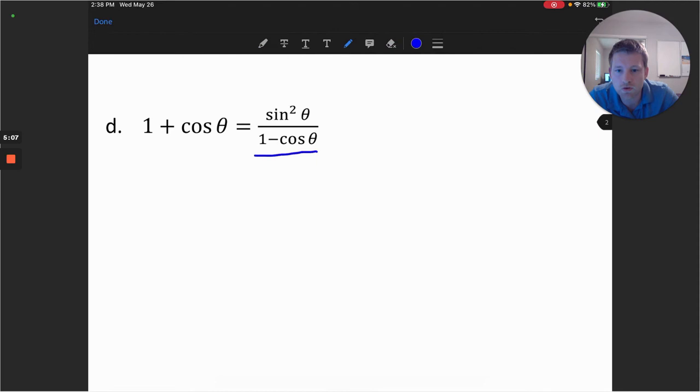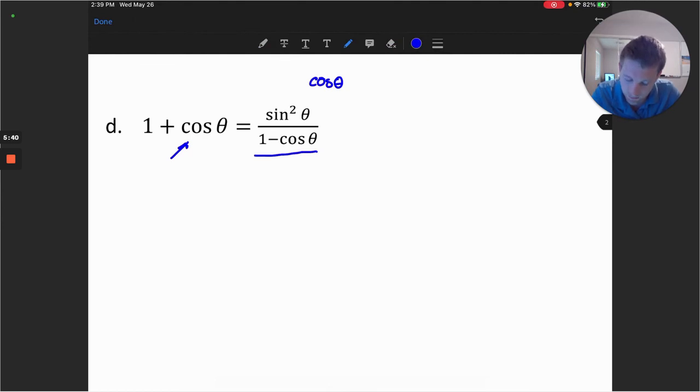One thing that we can do in this situation is to get in terms of only sine or cosine. I know my solution is in terms of cosine, so that gives me a clue of what I want to transition to. If I can get this right side all in terms of cosine theta, that would be a pretty good thing. So let's see if we can do that. The only way I know to get this sine squared theta in terms of cosine is using that Pythagorean theorem again.